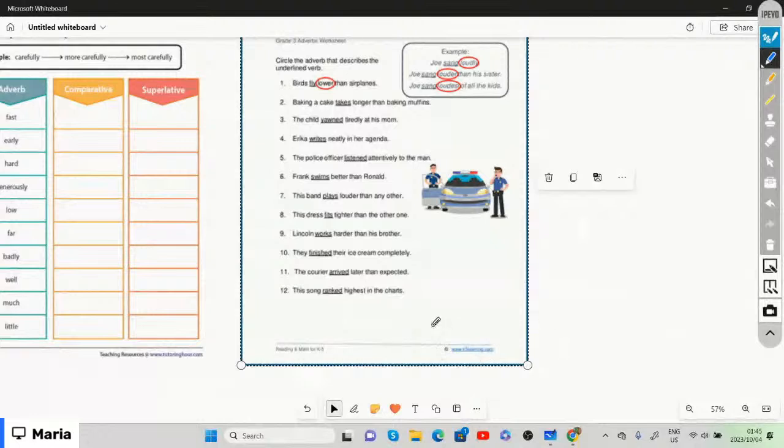So more for the comparative adverb where we are comparing two actions, and then with the superlative, we are comparing more than two actions that are taking place.